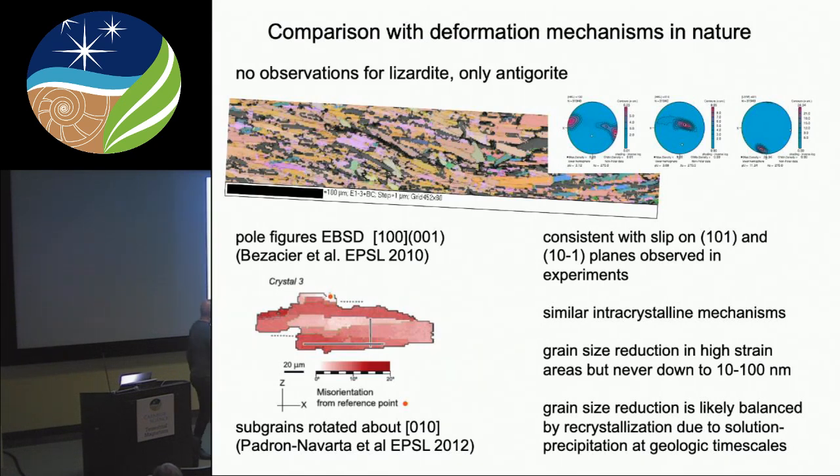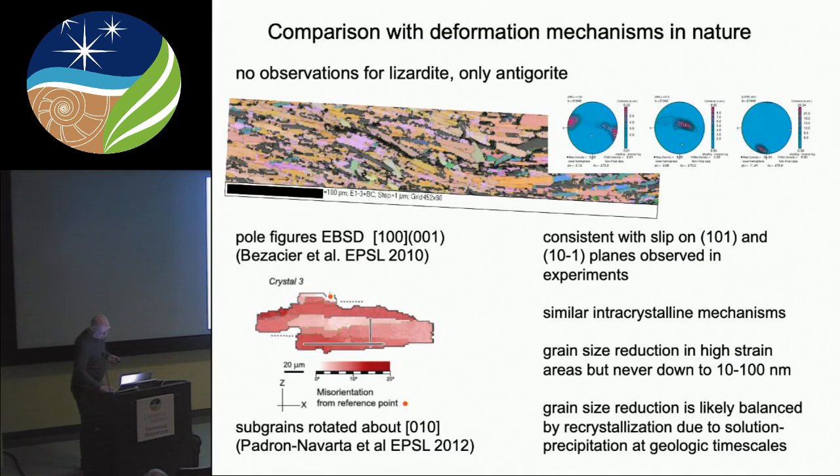But we never see the same kind of grain size reduction in natural rocks. We have some grain size reduction, but never down to these very low values here. And so it means that grain size reduction is likely balanced by some recrystallization mechanism in nature. And the most likely one under the conditions of the cold mantle wedge is pressure solution at geological timescales.